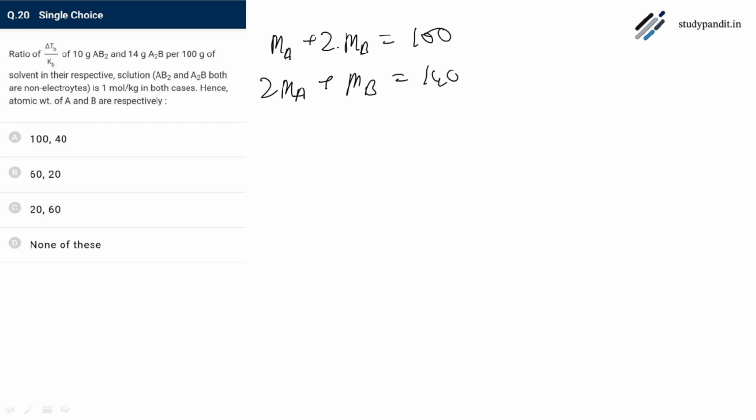Solving these equations, we will get MA equal to 60 and MB equal to 20. So the answer is B. Moving on to the next question.